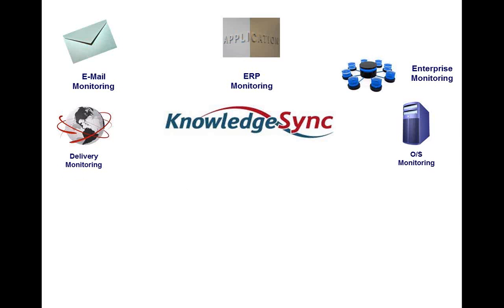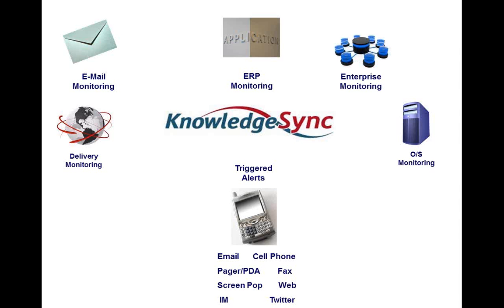You know, an alert is only as good as its ability to reach its intended recipient. If you've got an invalid email address or an invalid mobile or cell phone number, KnowledgeSync can detect that and automatically perform alert failover, notifying a secondary or tertiary recipient if the primary person is not reachable.